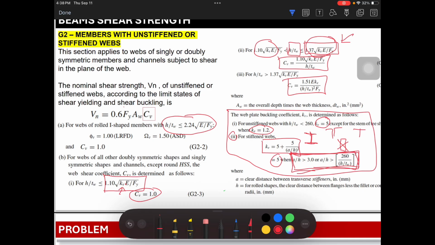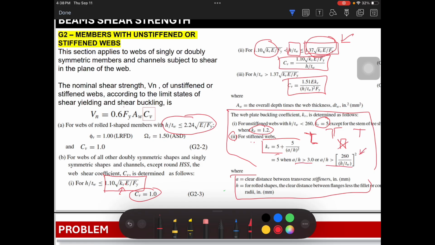So, just check your a over h. Na-define na natin ang a and h. If greater than 3 yon, 5 ka. Or, if your a over h is greater than dito, so hindi mo kailangang i-satisfy both dito, no? For case number 2, dito sa Kv, hindi mo kailangang i-satisfy ito and ito.